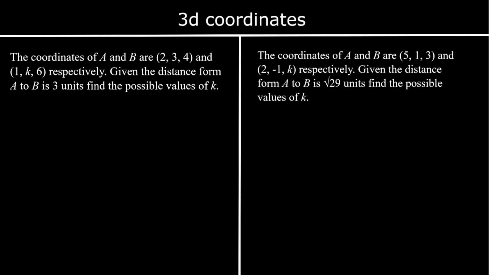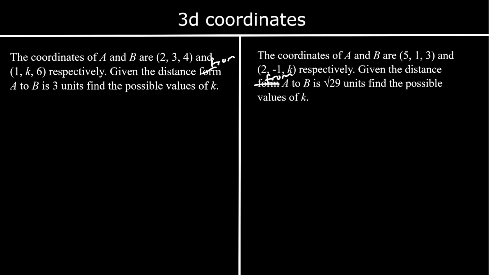The coordinates of A and B are 2, 3, 4 and 1, k, 6 respectively, given the distance from A to B is 3 units. Find the possible values of k.